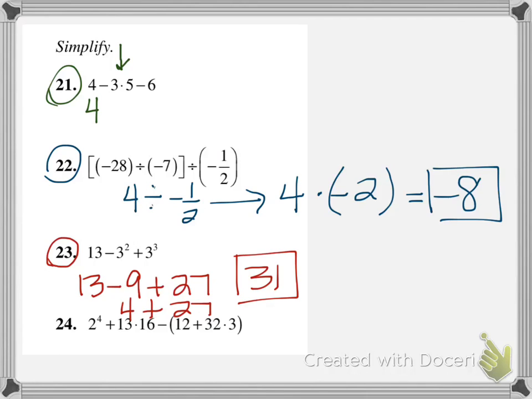So it's 4 minus 15 minus 6. And now I can go left to right. All I have are subtractions. 4 minus 15. If you want to rewrite this as an addition problem, you can. But that would be negative 11, and then minus 6, and negative 11 minus 6 is negative 17.